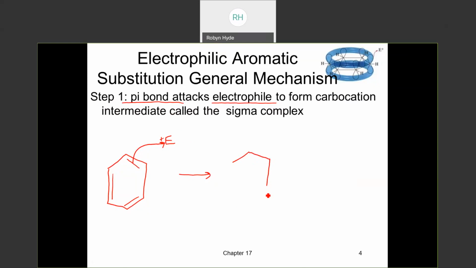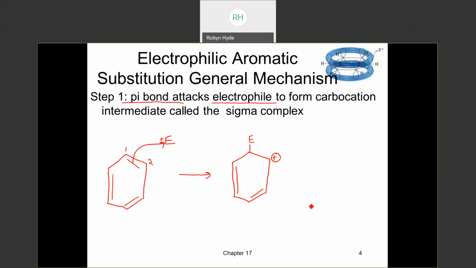What results from that attack? We still have our six-membered ring. We've done nothing to break any of those bonds. We've done no chemistry at the other two pi bonds. They are intact. Where we have done chemistry at carbon 1 and carbon 2, one of the carbons gains the electrophile. The other carbon becomes carbocation in nature.